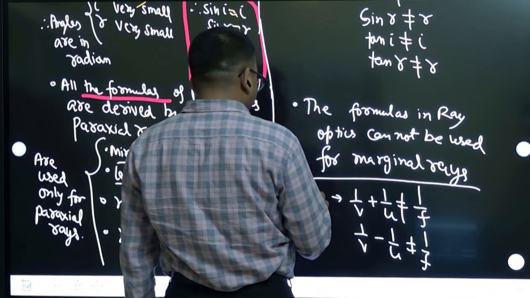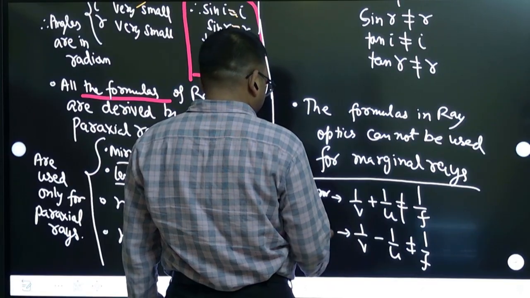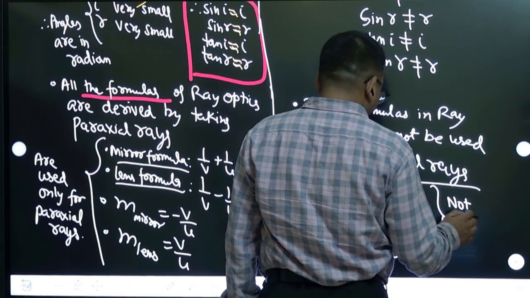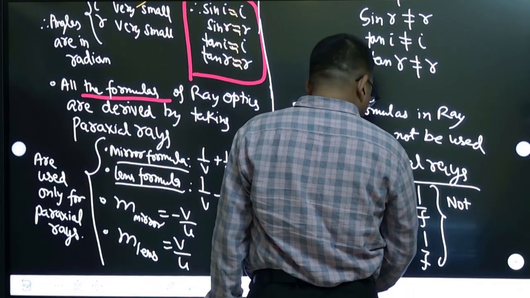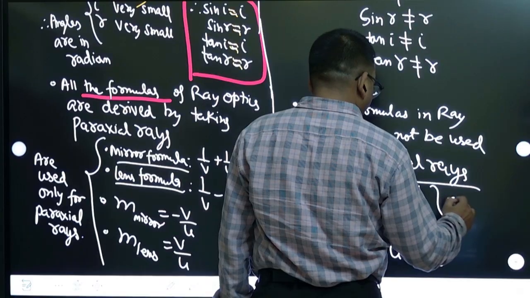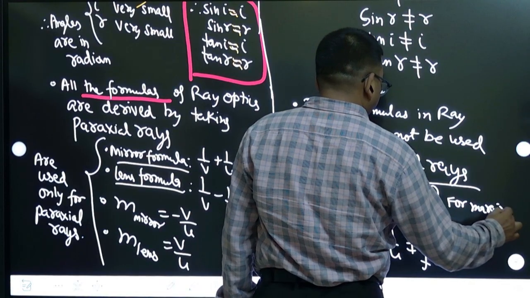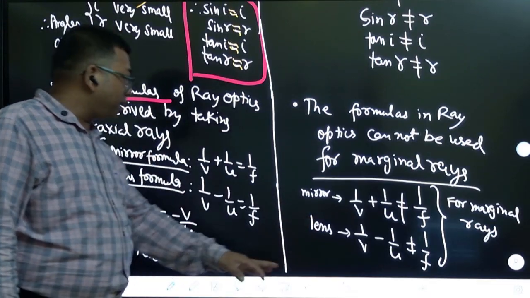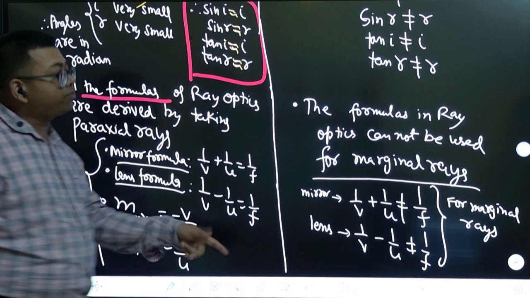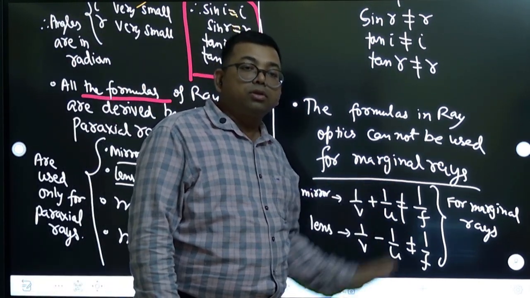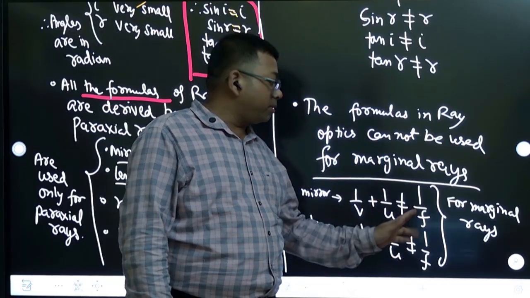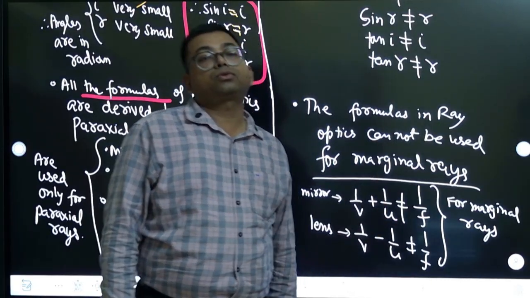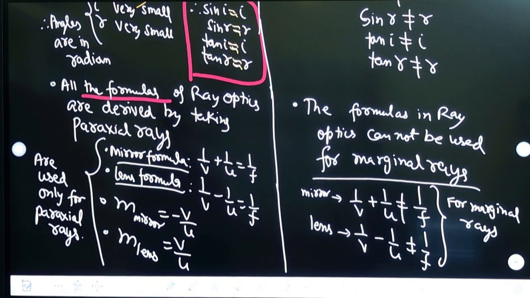This is for mirror and this is for lens. This condition is for marginal rays. These formulas are used for paraxial rays, but for marginal rays we cannot use them, so equality is cancelled. They cannot be equated. This formula is equated only for paraxial rays. Clear? Are you clear about this? Yes.